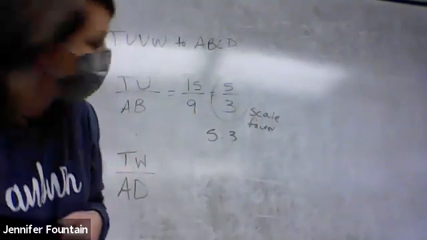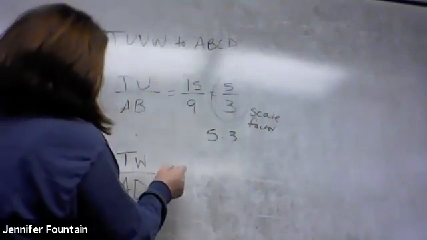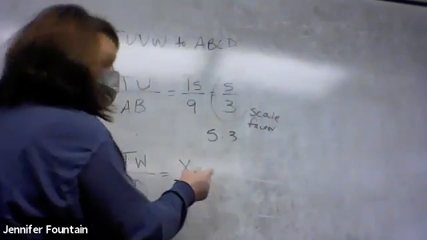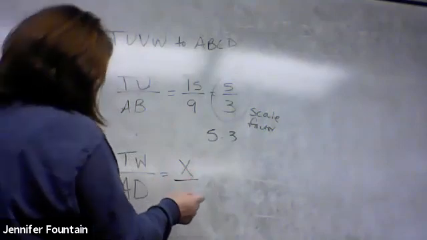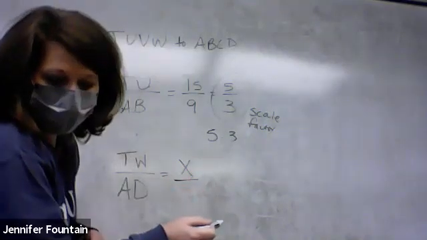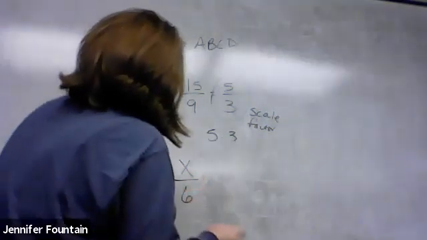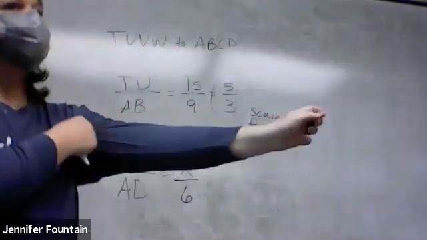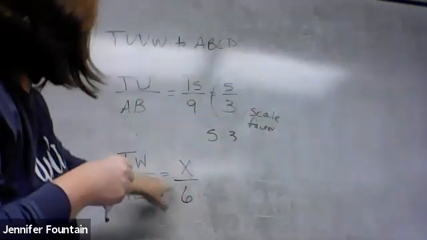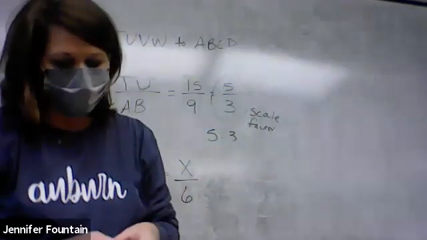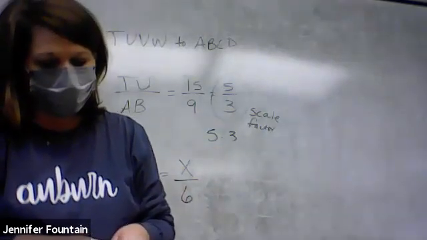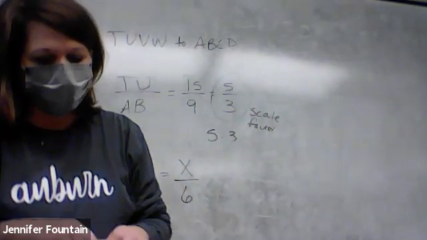Okay, so I don't know TW, right? But I do know AD. So what is the measure of AD? 6. So how can I use my scale factor here to figure out my sides? What can I do there?